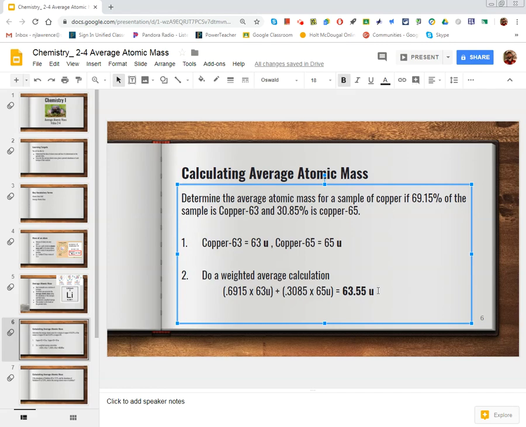This is the same idea as how your grade is calculated here. Your grade in here is 60% exams. You add 60% times your exam grade.